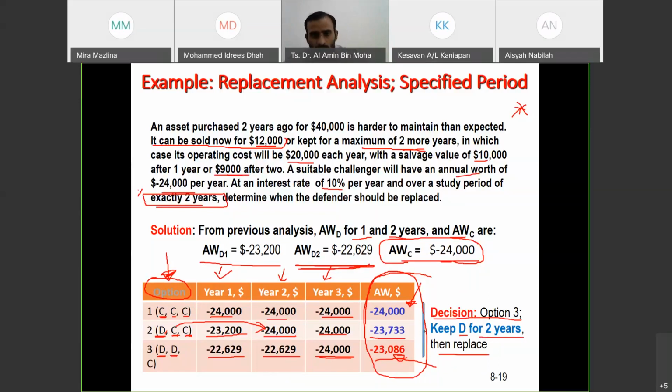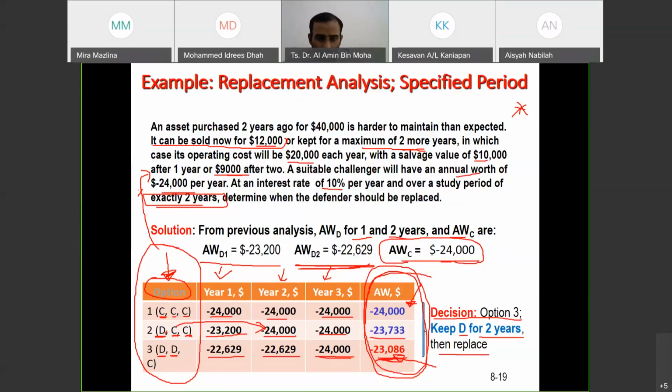So this is the concept. I think the challenging part is that you need to clearly understand the situation given and identify all the options that we have for the given scenario. Then we decide based on the lowest AW.